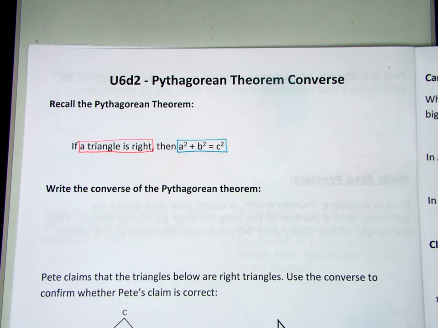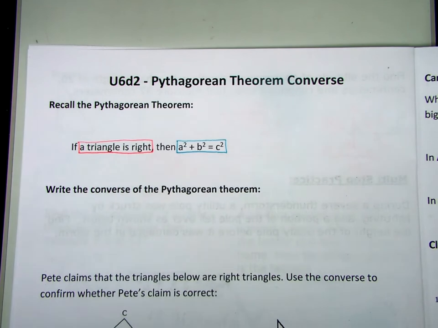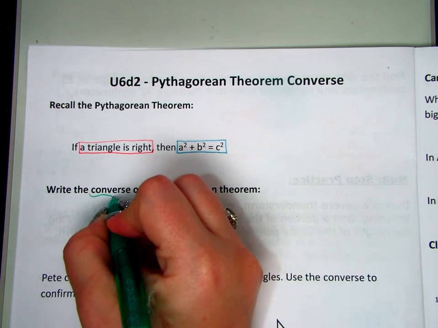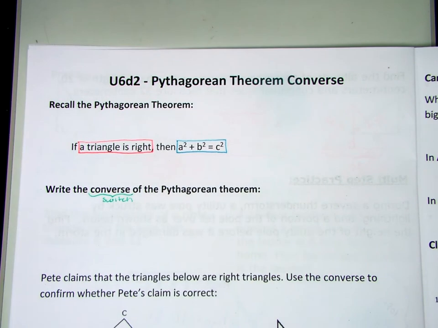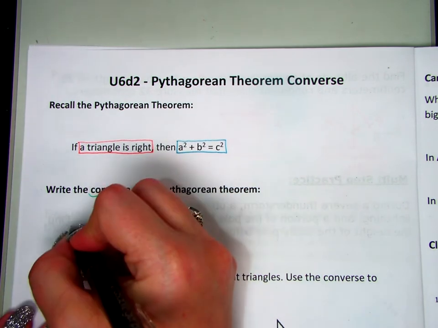So now we're going to write the converse of that. Do you remember the key word for converse? Close. Switch. So my key word for converse is switch. Okay, so we're going to switch our hypothesis and our conclusion. We're still going to start with if.